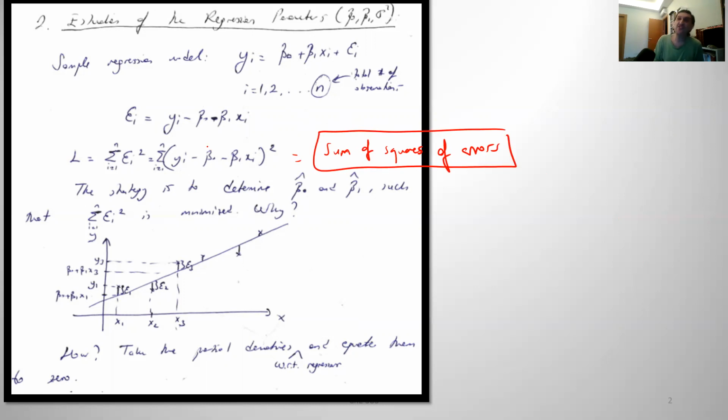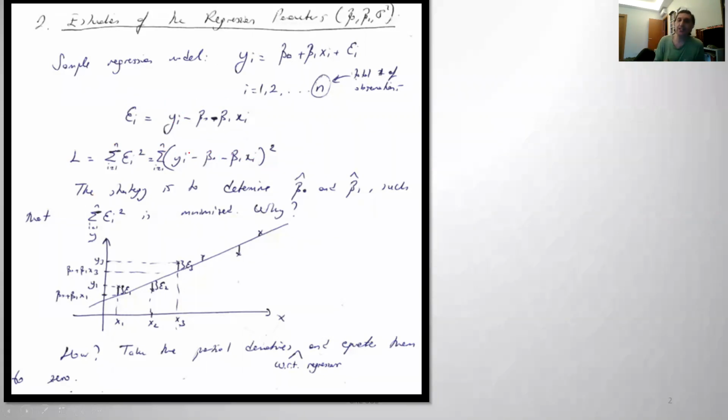Now, if we somehow knew the true values of beta 0 and beta 1, that would give me the sum of squares of error terms, right? Each of these terms would be the random error itself, then square them and sum them. It's just the definition.